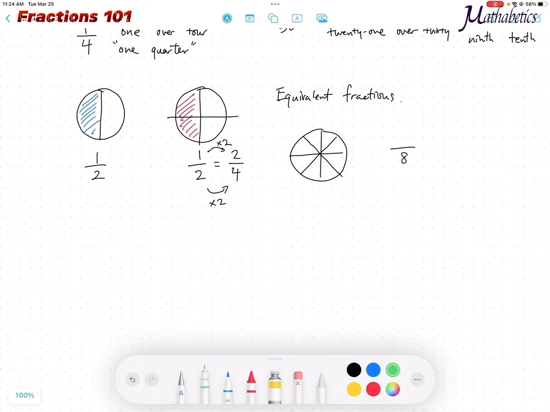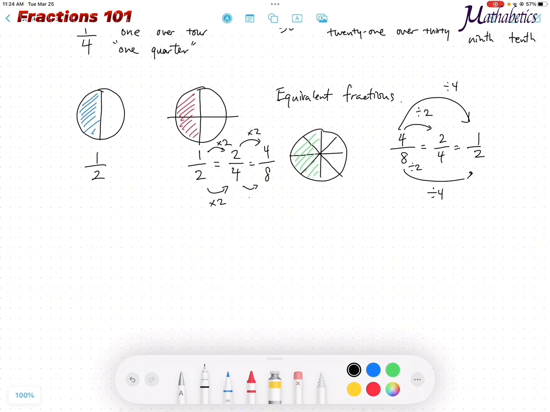Now if I color the half again, I have now 4/8, which is also equal to 2/4, which is still equal to 1/2. Now these are all just multiplication or division. If I go down, I'm dividing. If I'm going up like this, I'm multiplying.